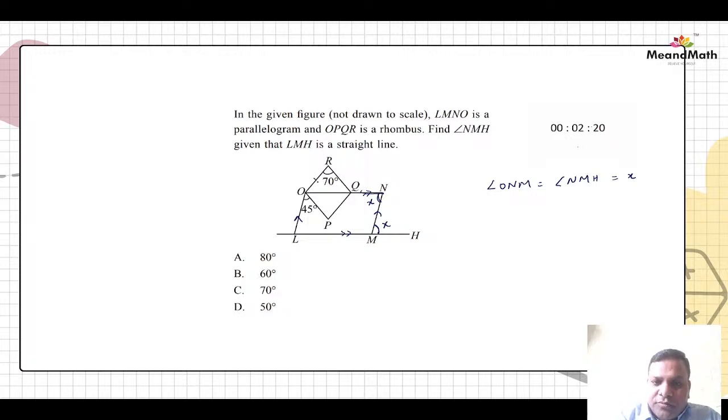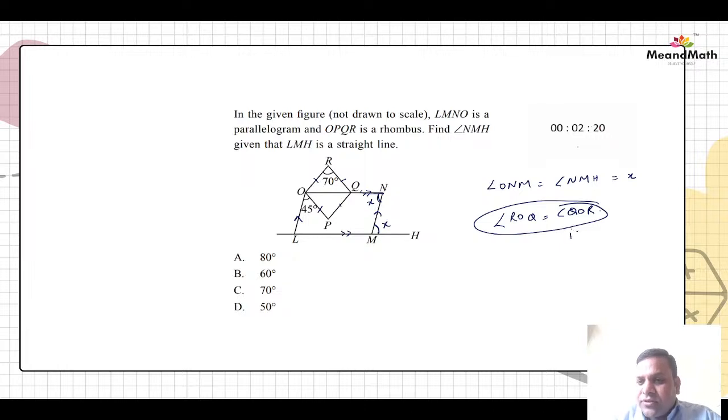Now this is a rhombus, meaning all sides are equal. If all sides are equal, then we can say angle ROQ is equal to angle QOR. Why?